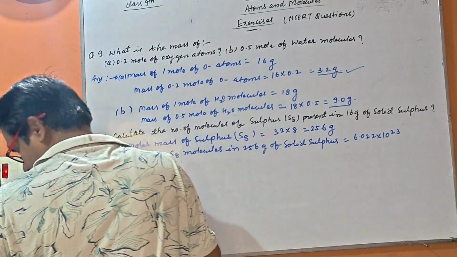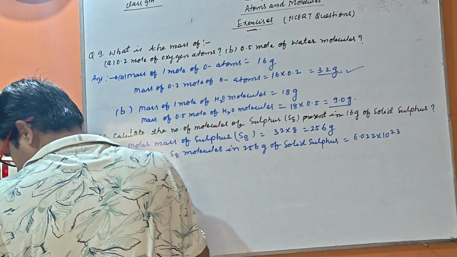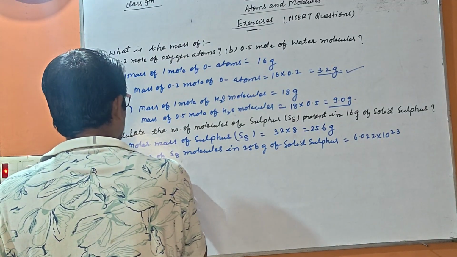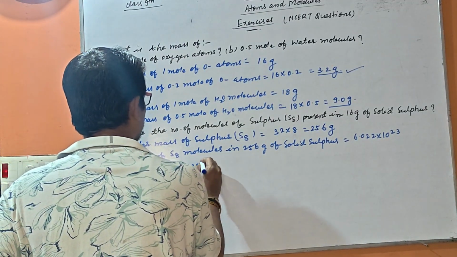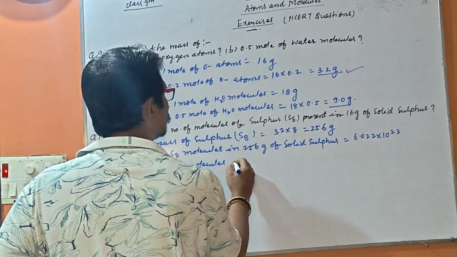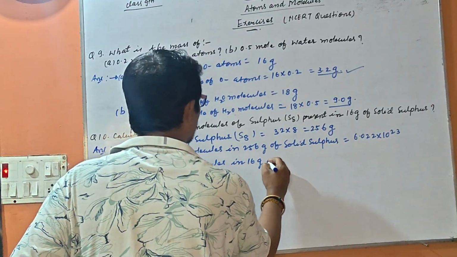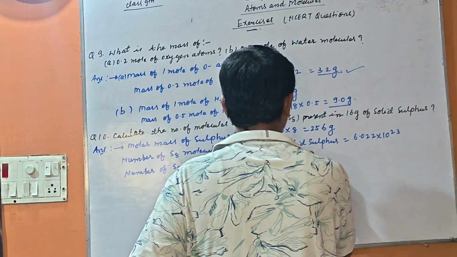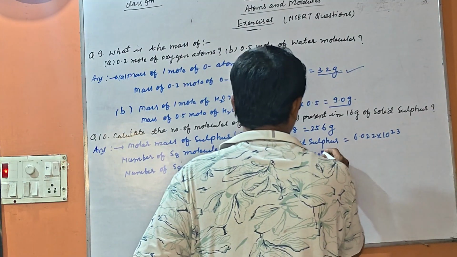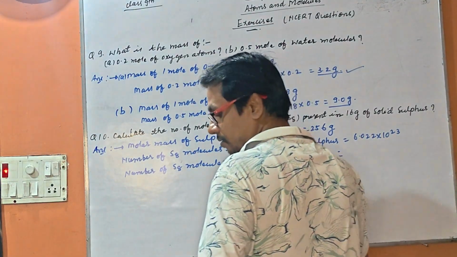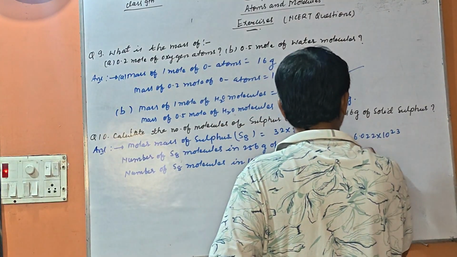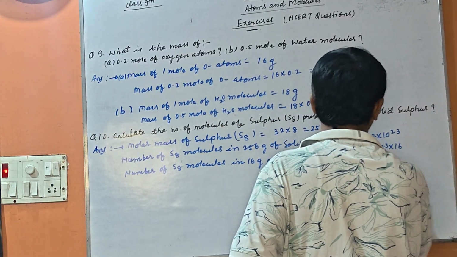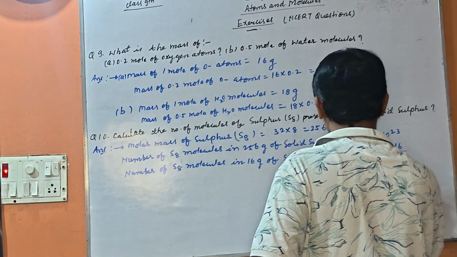So the number of S8 molecules in 16 gram of solid sulfur is equal to 6.022 into 10 to the power 23 into 16 by 256.